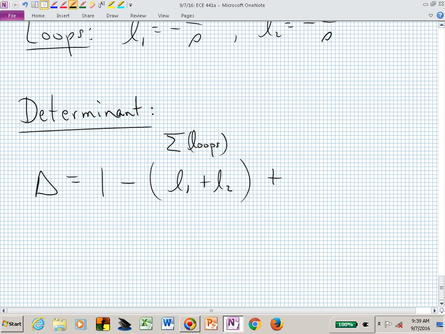And if they're not touching each other, then we form their product, and then we take the sum of those pairwise non-touching loops. So this is just L1 times L2 in this example. This is the sum of non-touching, NT, pairs of loops.